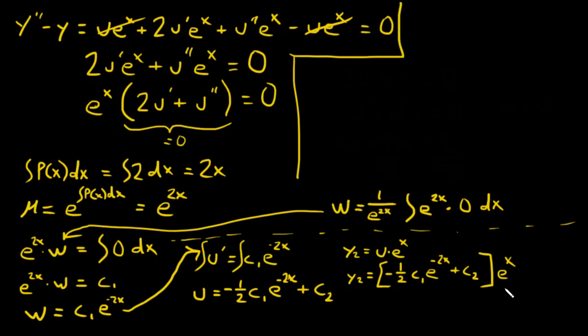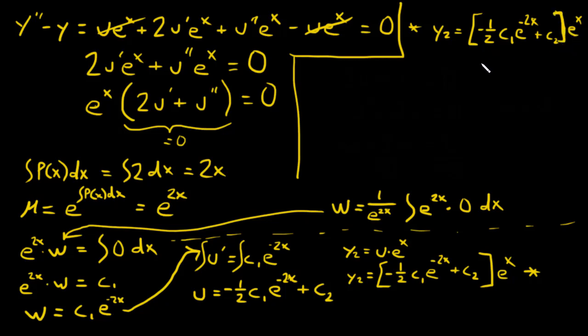And I'm going to say this is where I'm starting, right up here. So y2 is equal to negative 1 half, I forgot my c1, c1 e to the negative 2x plus c2 times e to the x.